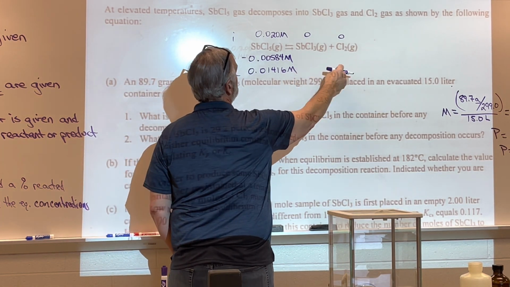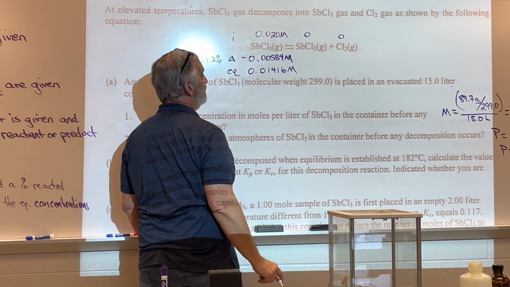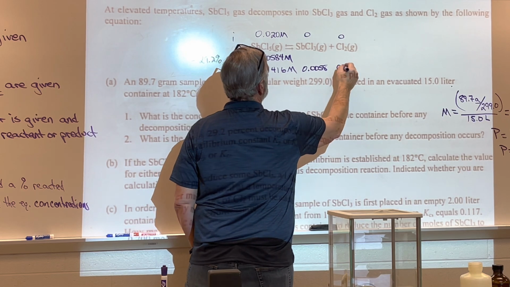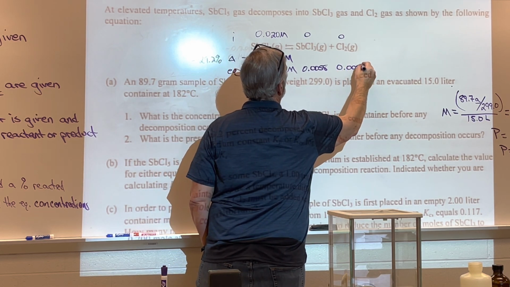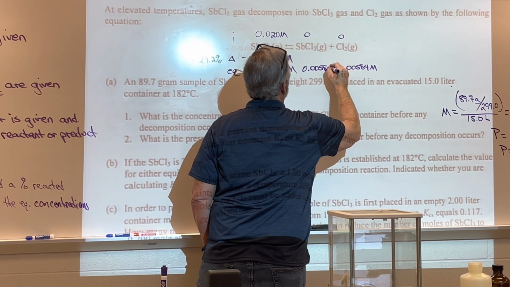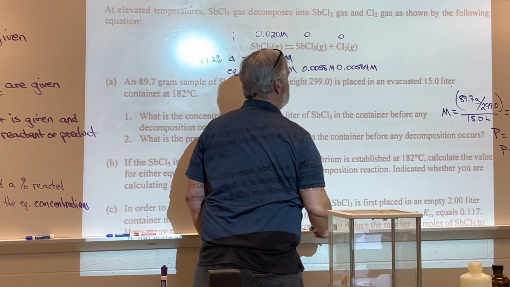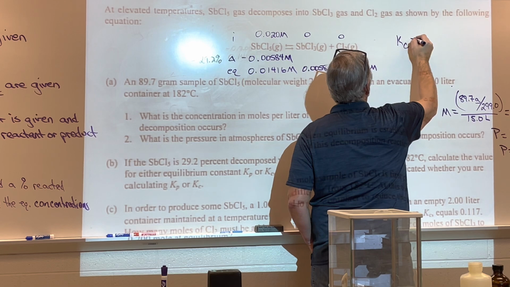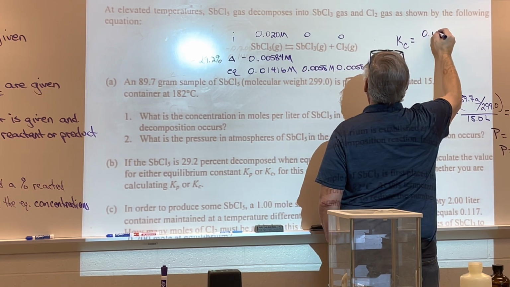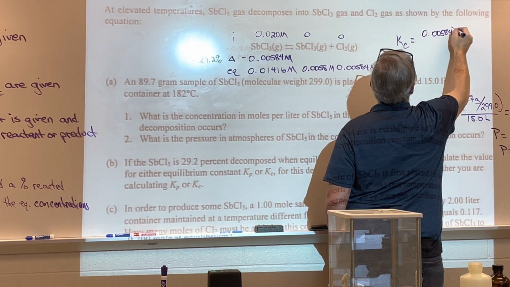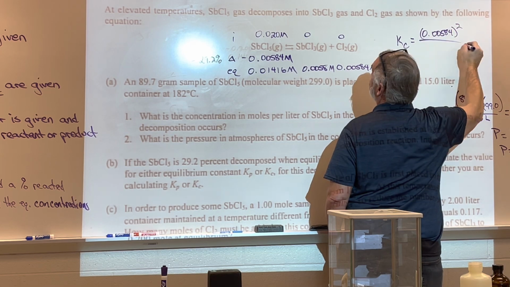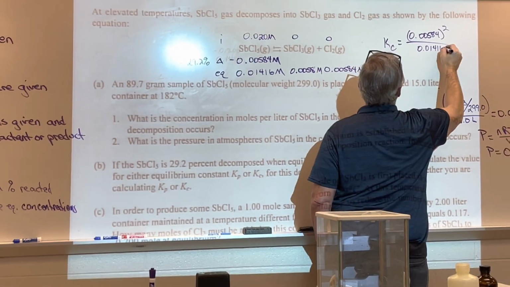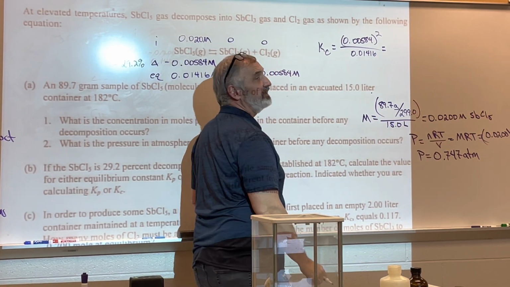These are both going to be what? 0.00584, 0.00584. So then Kc is going to equal 0.00584 squared over 0.01416, and that's going to equal.